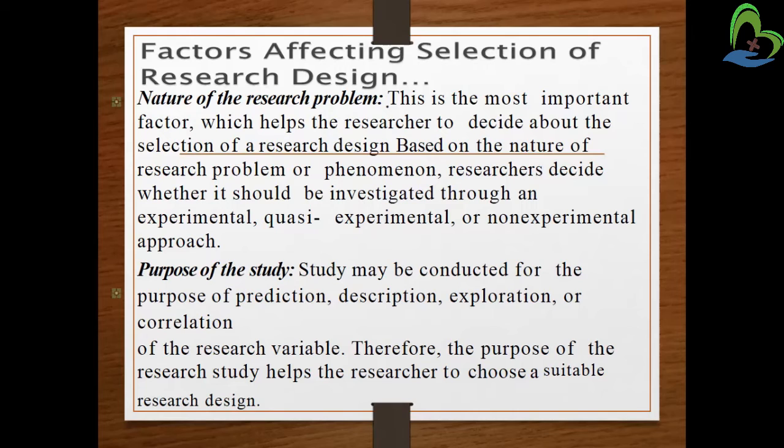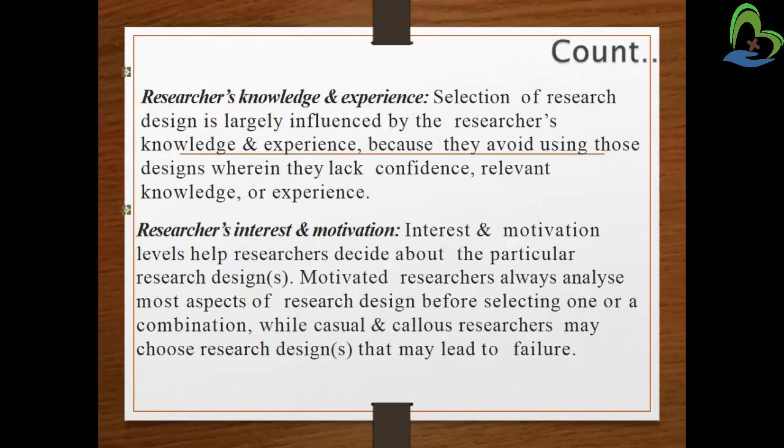So this is prediction. Then description is there, and exploration: I have seen patients having a high morbidity rate in COVID, or there should be a correlation of research variables. Therefore, the purpose of the research study helps the researcher to choose the suitable research design.